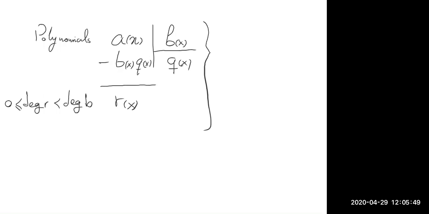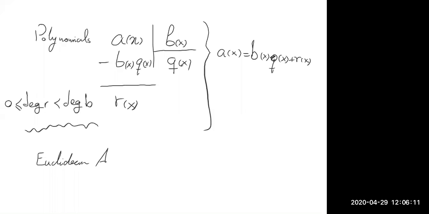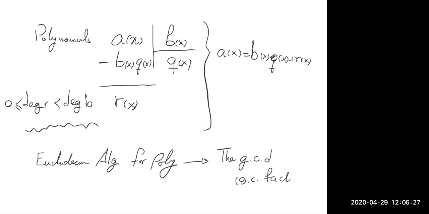And just like the previous case, we can write a of x is equal to b of x q of x plus r of x, with this condition on the degree of r. And also we have a similar Euclidean algorithm for polynomials in order to find the greatest common divisor, or sometimes they call it greatest common factor, of two polynomials.